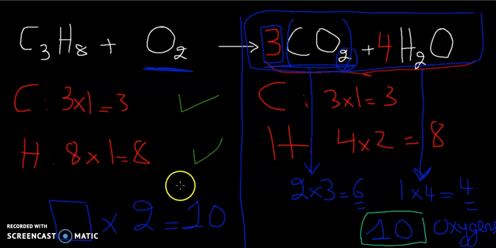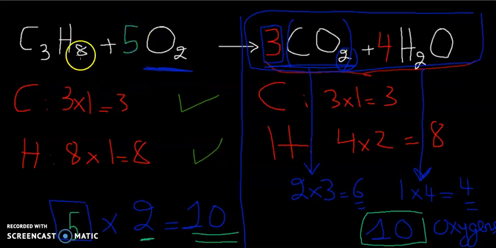The subscript is 2, so I should fix the coefficient. What's the number that I multiply by 2 to give me 10? Of course, it's 5. So I'll put here a 5. Let's check. 5 multiplied by 2, 10.